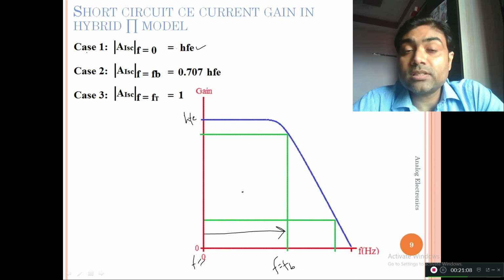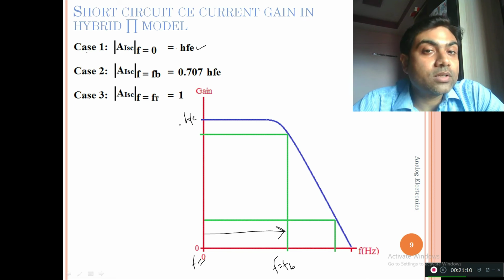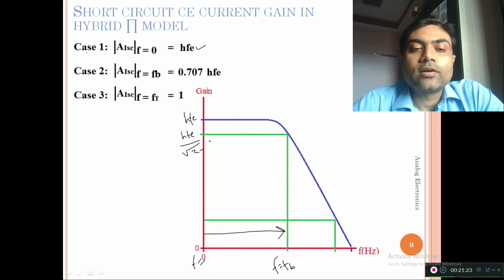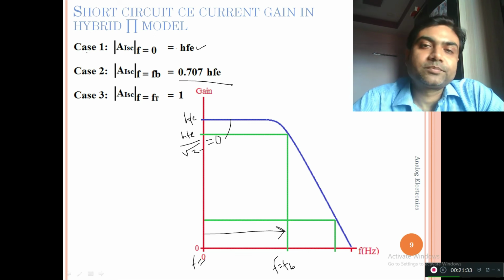But when you increase the bandwidth of the amplifier, what is the consequence? The gain will be reduced, and the gain will be HFE upon root 2. We have calculated it. And what is HFE upon root 2? It is nothing but 0.707 of HFE.